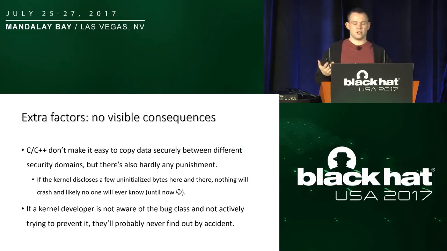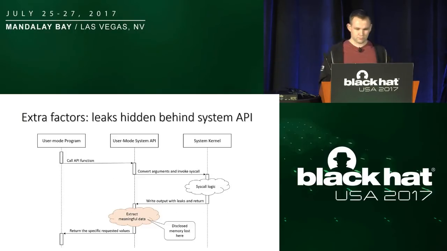So, even if the kernel discloses a few uninitialized bytes in one syscall or another, nothing will really crash in most cases. And so no one will discover this bug. And so as a result, if a kernel developer is not aware of this bug class, and they are not trying to actively prevent it, they will probably never find out, because the code doesn't crash or something doesn't work. So it's a very silent type of bug.